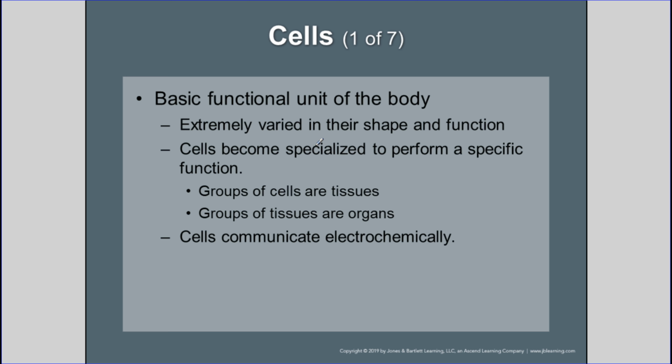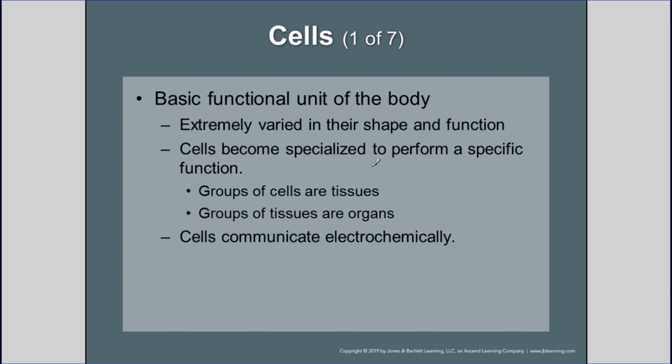And remember, we had said that, for instance, cardiac cells have automaticity, right? That's going to be very much different than a skin cell. Liver cells are going to be completely different than a pancreatic cell, that sort of thing. So they are specialized to perform that specific function that they've been assigned to perform.